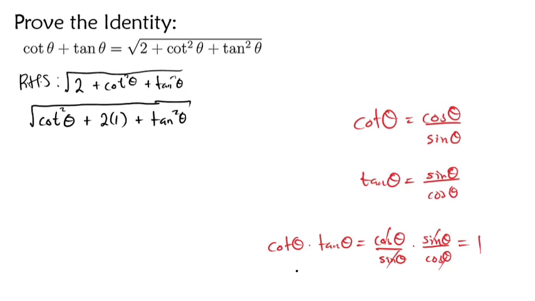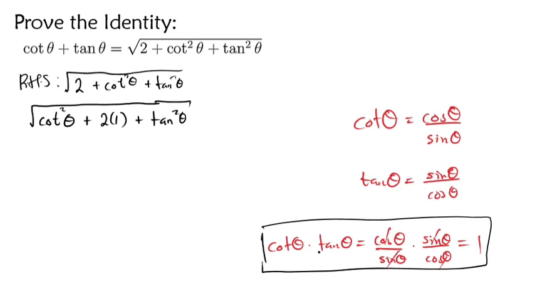Now remember, we just established that 1 is equal to cot times tan. So I will say cot square plus 2, then this 1 is the same as cot times tan, plus tan square. So all this is still under the square root.